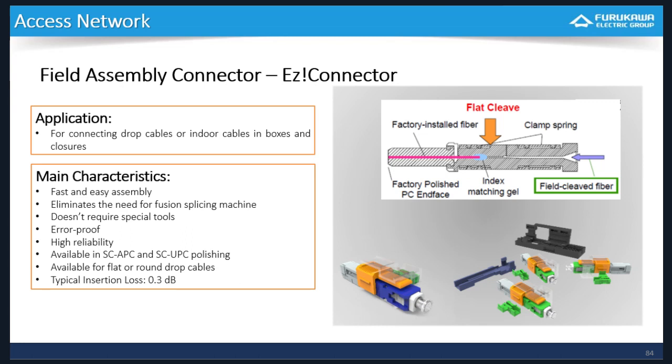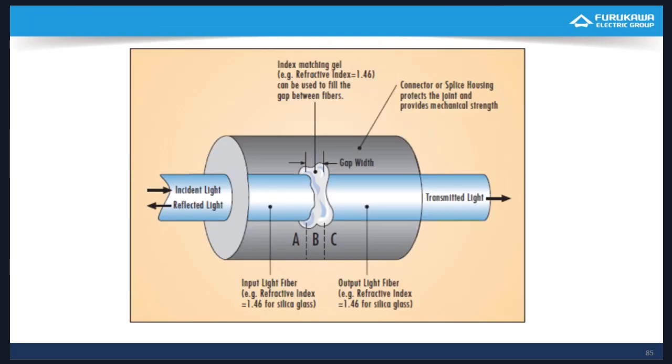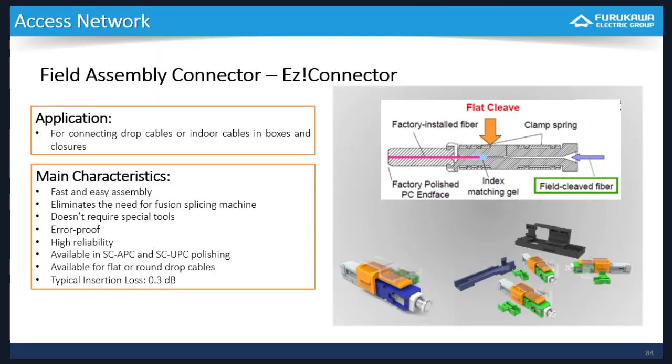So the first one is the easy connector. We call it easy connector. It's a field installable connector. The difference here is the gel. Sometimes people think about this connector as a regular connector, as a patch cord connector. It is not.